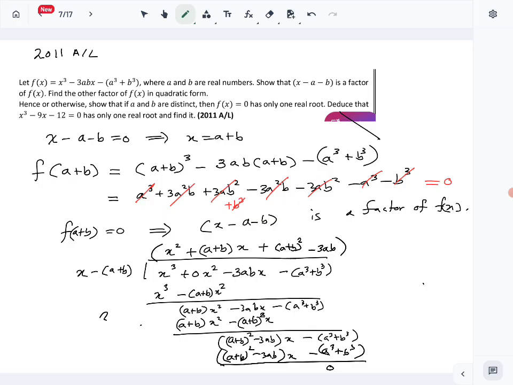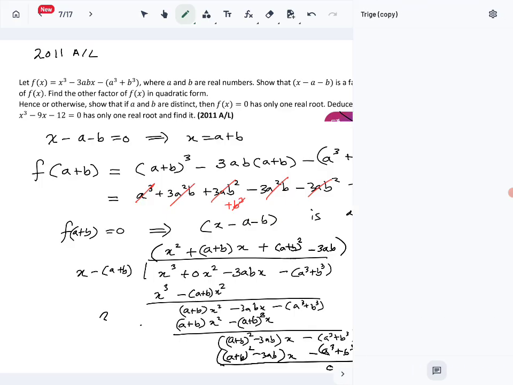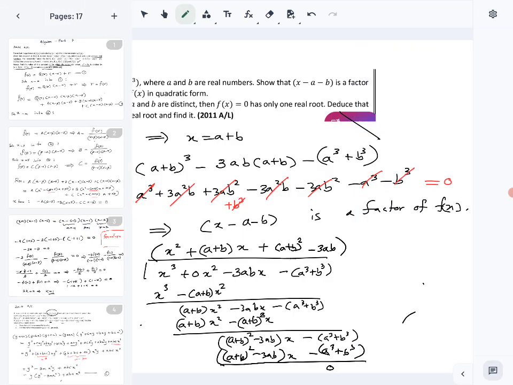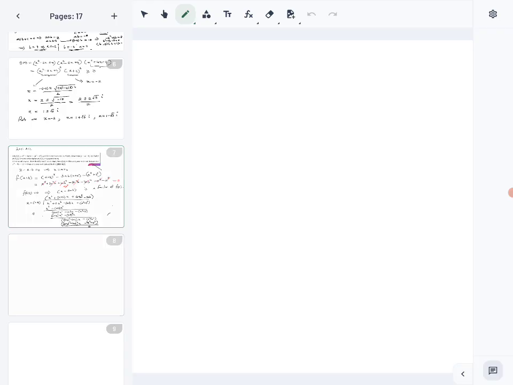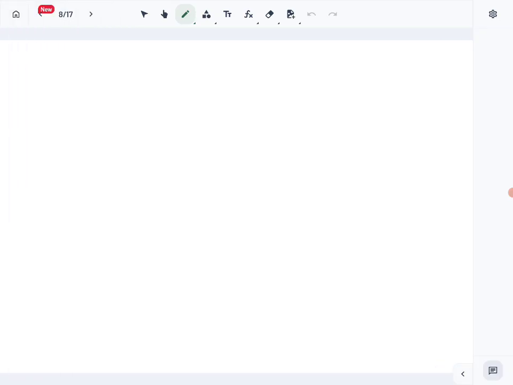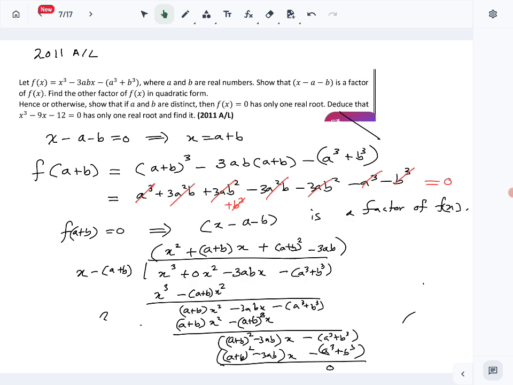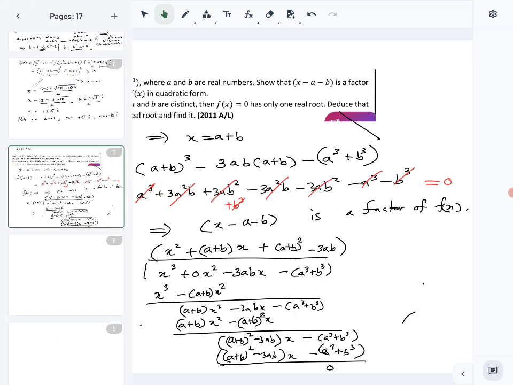Right, so then we have found the other factor of f(x). So f(x) has that factor. So let's write the factored form of f(x).